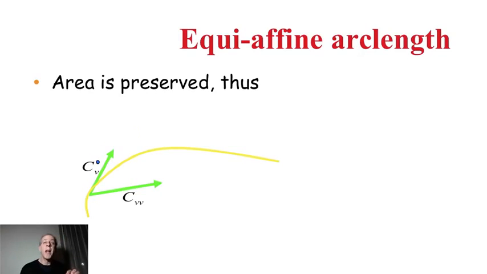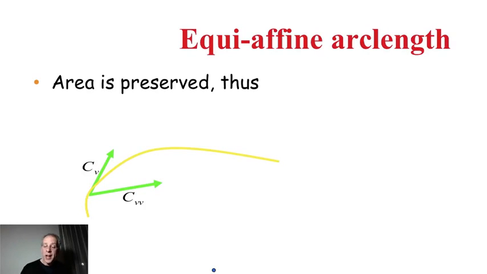V is going to be now my affine arc length. The first derivative is not a unit vector. That's a characteristic only when you take derivatives according to the Euclidean arc length S. So I take a first derivative and a second. Again, these two vectors are not perpendicular in general. That's a property only when you take derivatives according to arc length.